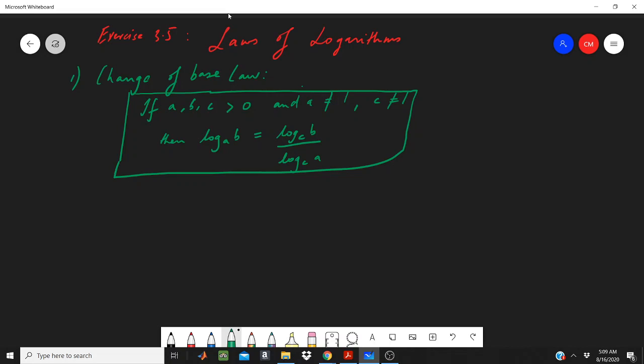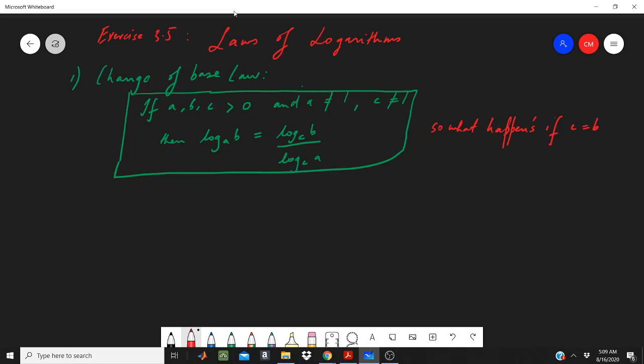Okay, let's take an example first so that we get used to this rule. And let's first talk about a special case. What happens if c equals b?